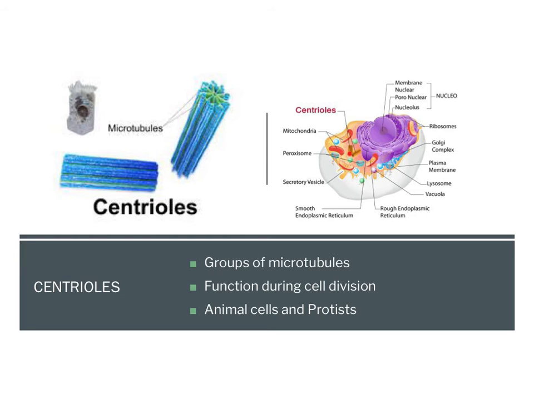Here is an example of a cell. Here are the centrioles, and this is the nucleus, so they're pretty close to the nucleus. Here's a blown up view of the centriole. Each of these little blue structures is a microtubule, so it's just a bunch of those microtubules put together.